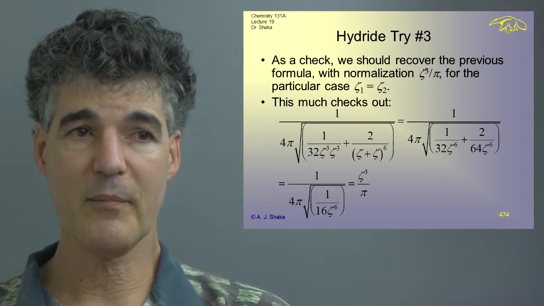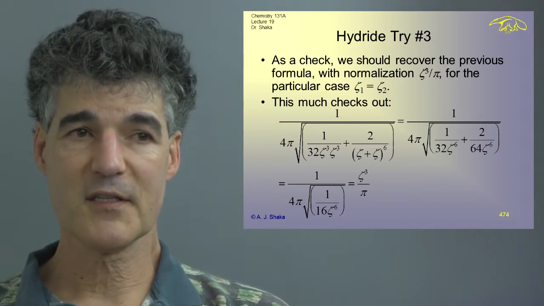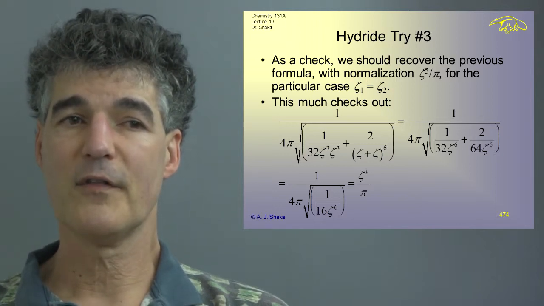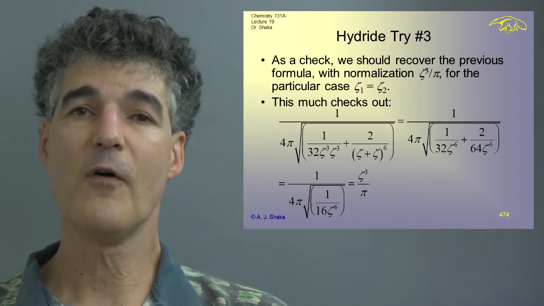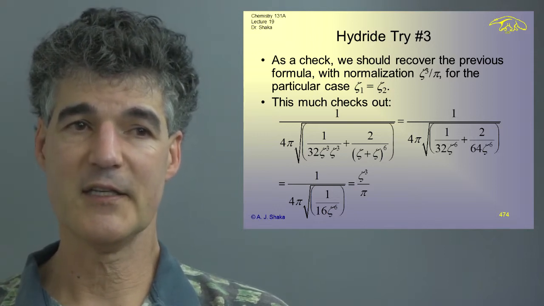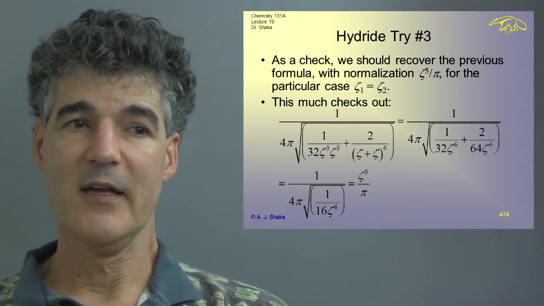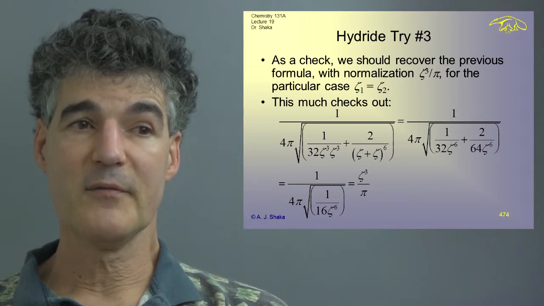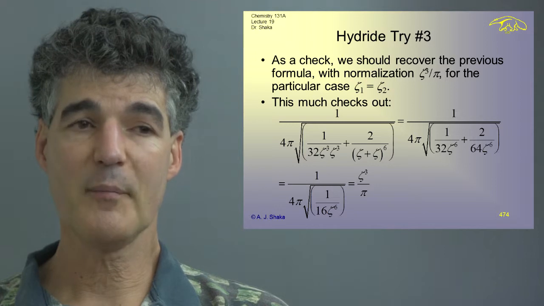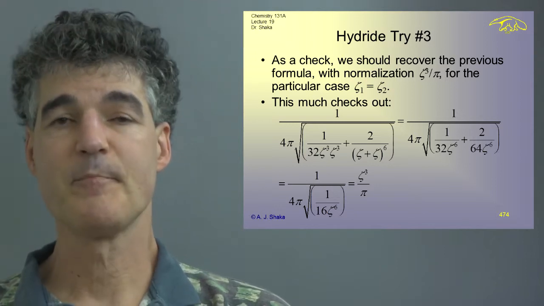We have 1 over 4 pi square root of 32 zeta to the 6th plus 2 over 2 zeta to the 6th. That's 1 over 32 plus 2 over 64. That's 1 over 16. Magically, the square root of 16 is 4. That gets rid of the 4. And the zeta, since it's in the denominator, and we take the square root of zeta to the 6th, comes up to the top, and we get zeta cubed over pi.